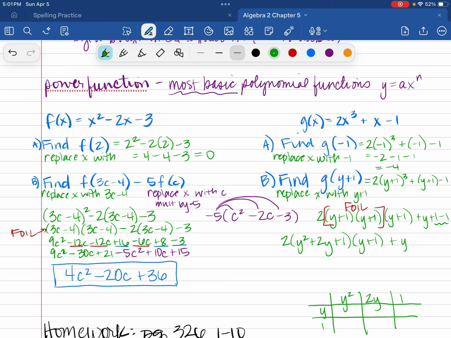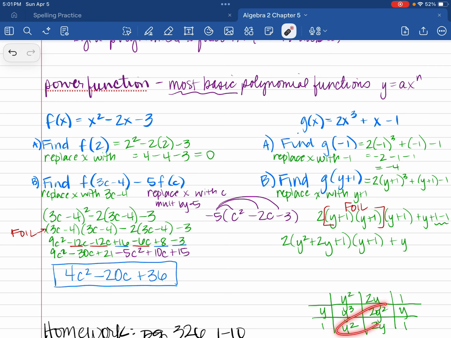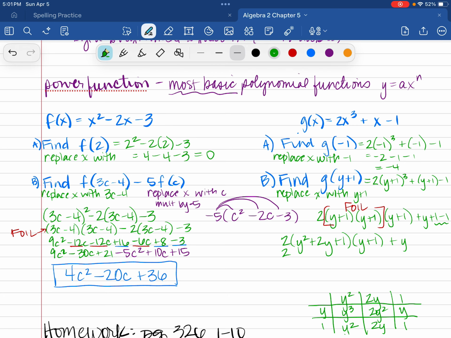So multiplying that out, you get y cubed, 2y squared, and y squared, 2y, and 1. And your like terms, again, are going to be on that diagonal. So if we combine our like terms and simplify this, we're going to have y cubed plus 3y squared plus 3y plus 1, and then plus that y. We're so close.